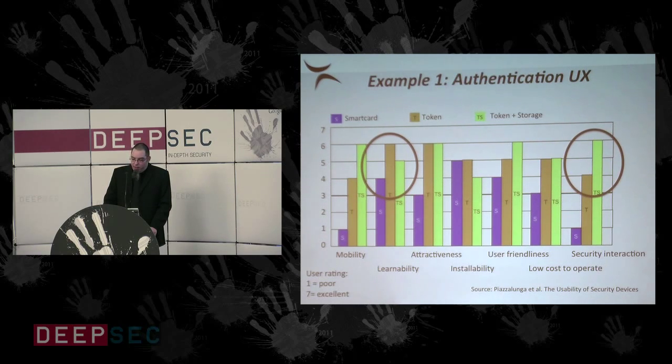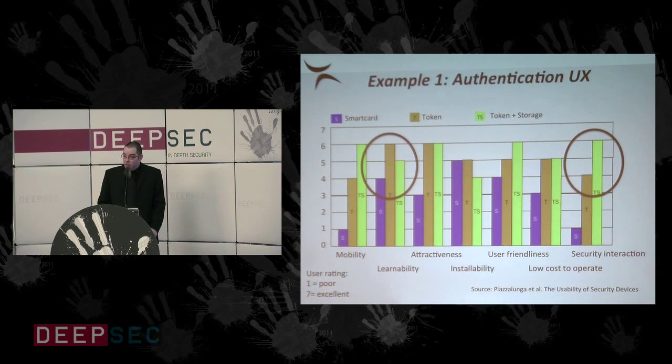When we look at learnability, we see, of course, that a little bit more technical complexity, providing the token and the storage, hinders the learnability a little bit. But the interesting thing really is, on the right side, the security interaction. So from a technical point of view, the token versus the token with some storage is nearly identical. From the user experience point of view, what happened?